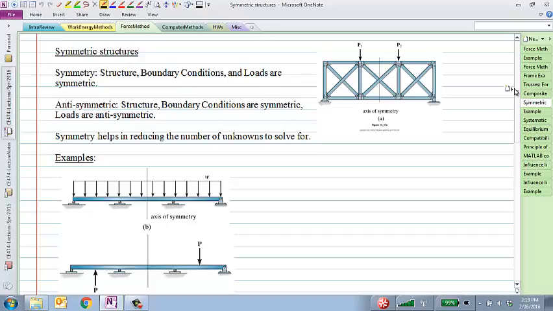So for example, in this truss structure, Daniel, you want to tell us what's the degree of indeterminacy of this truss structure? 4. And how do you come up with that?